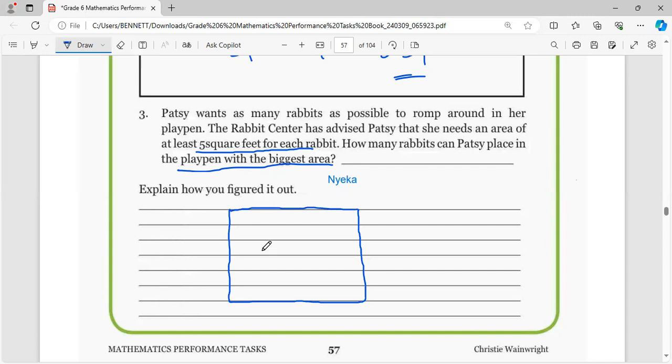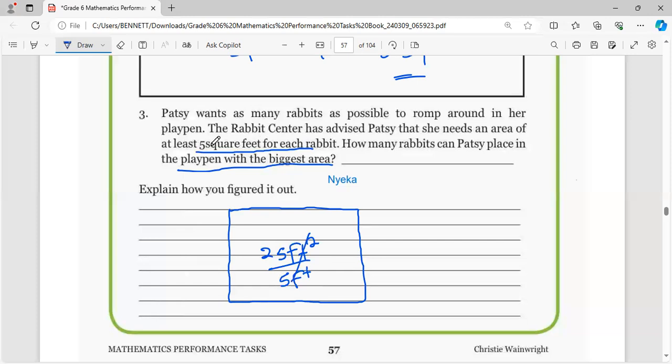And it said to use at least 5 square feet for each rabbit. So if you divide 25 by 5, you get 5, which means the pen can hold 5 rabbits maximum.